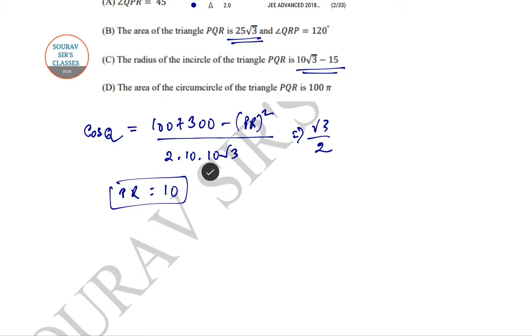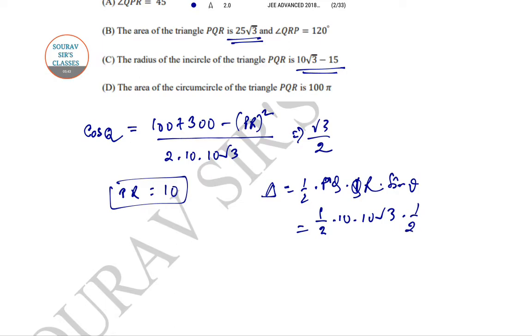Now with respect to the triangle, area is half into PQ into QR into sine theta, in the properties of triangle formula, so this is 25 root 3.